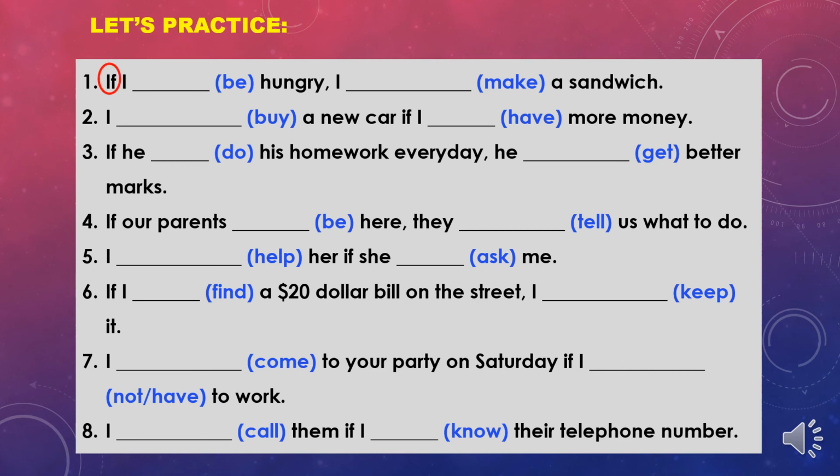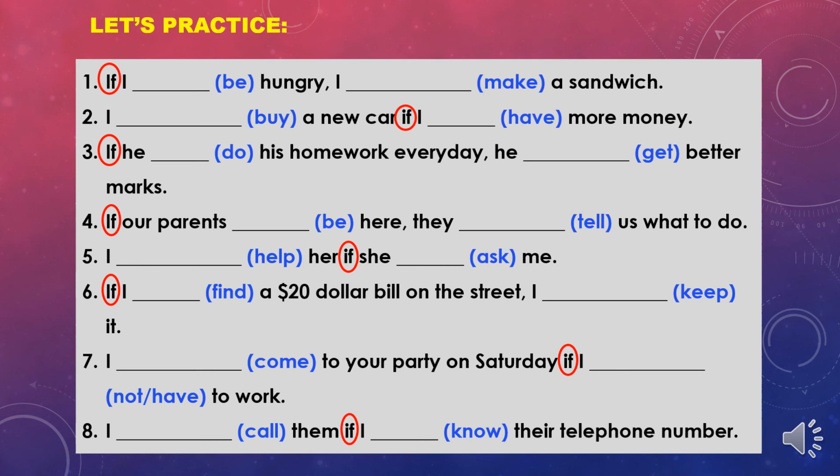Correct. Number 2, where is the if? Yes. Number 3, yes. 4, 5, 6, 7, and 8. Okay. Once you have found the if clauses, una vez que has encontrado los if, okay, let's complete the sentences. Okay, let's write the correct tense.